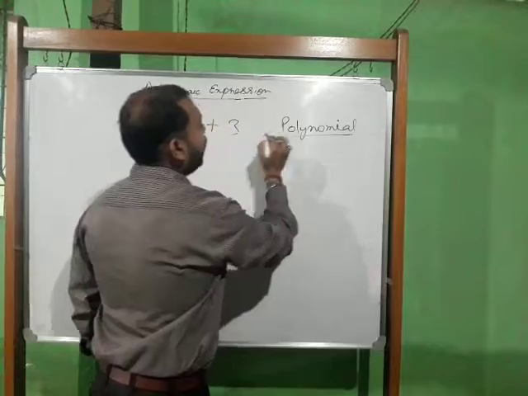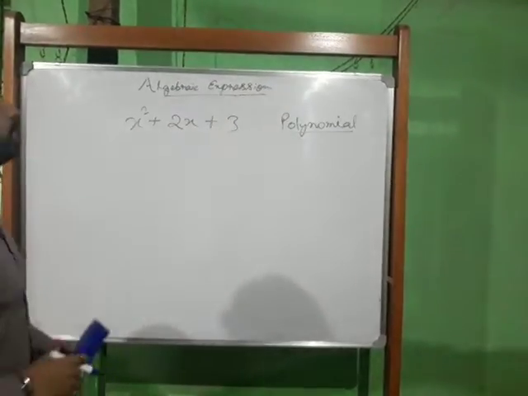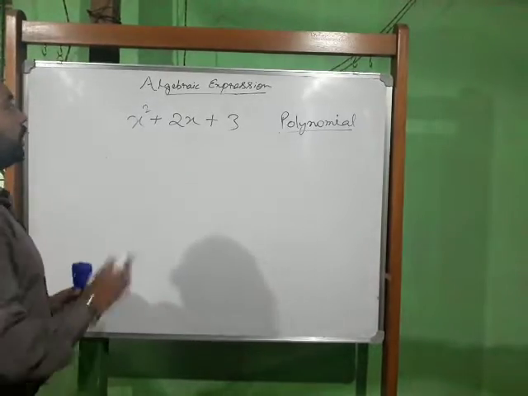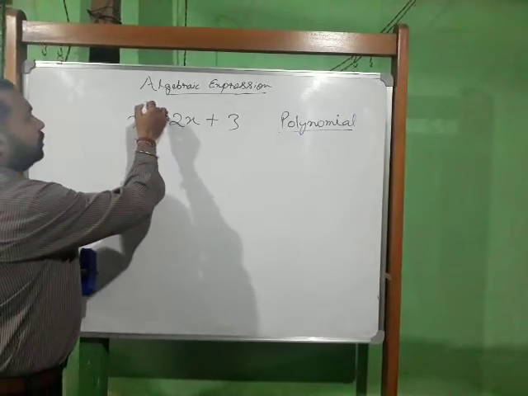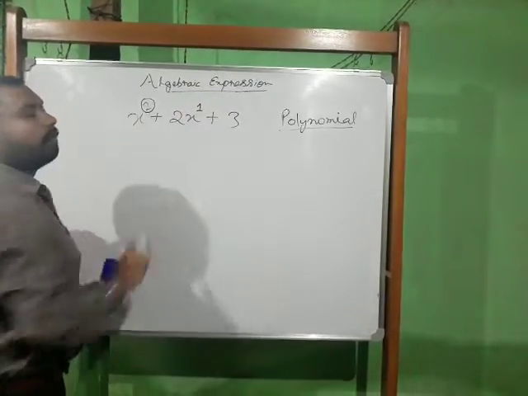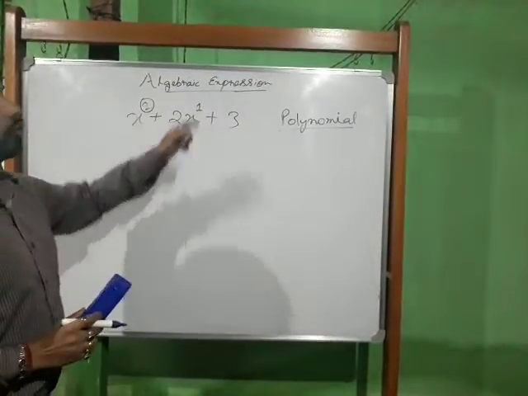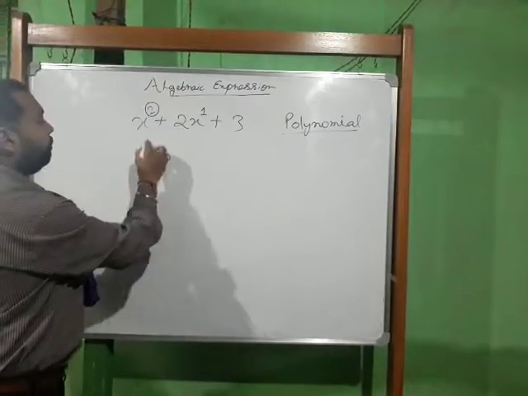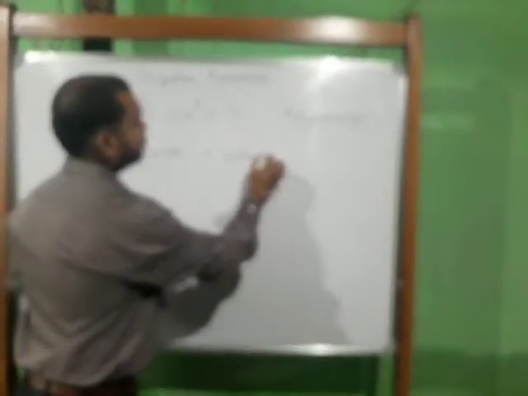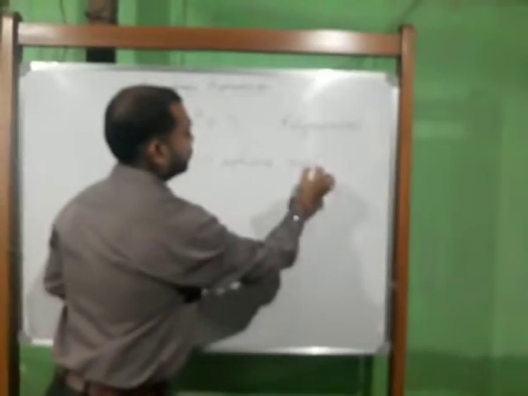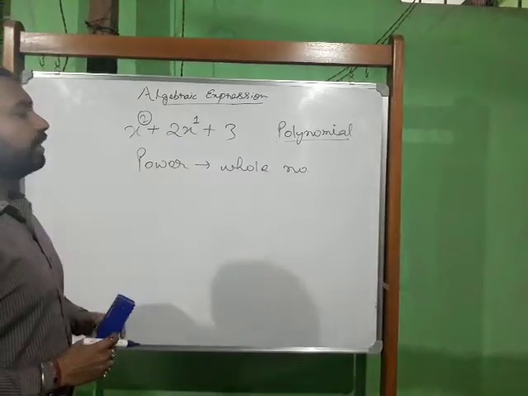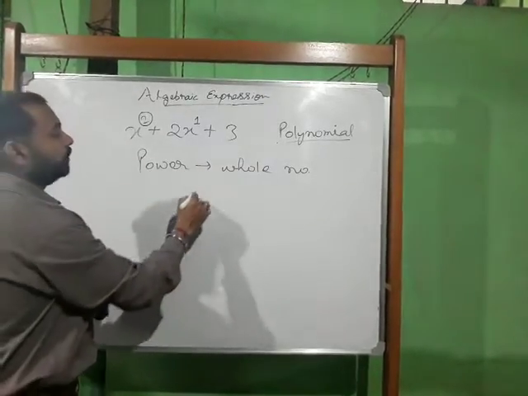Now there is a little bit difference between algebraic expression and polynomial. You see, in polynomial the power, here power is 2, here nothing is there, means power is 1. The power should be whole number. Okay. One more, in some books you will find it is written non-negative integer.